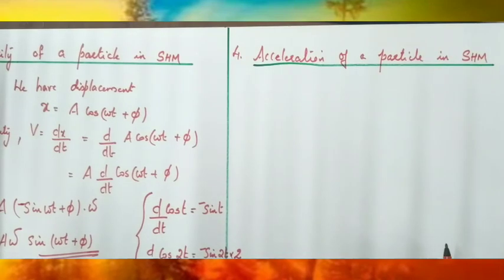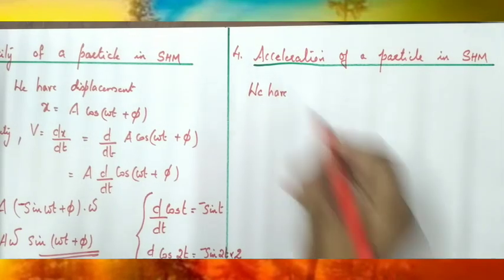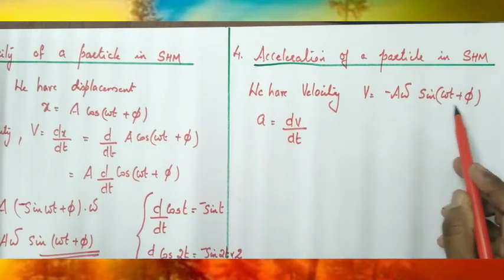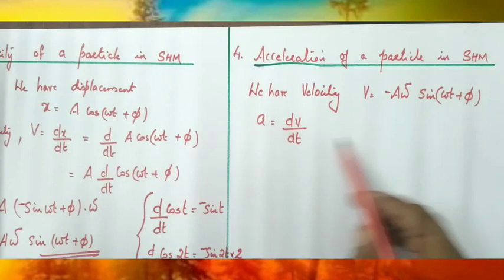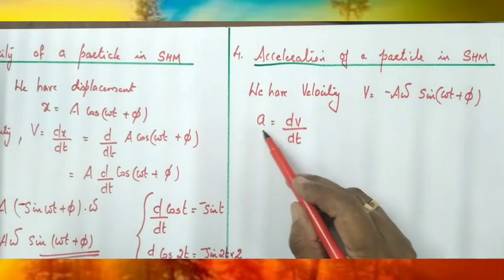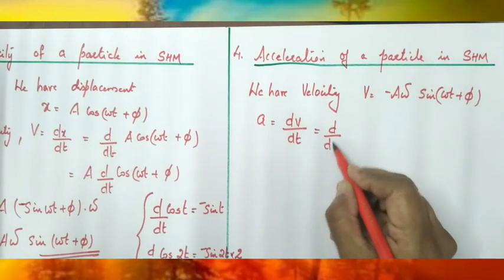Now next one, acceleration of a particle in simple harmonic motion. We have velocity v equals minus a omega sin omega t plus phi. That is the formula for velocity. Now acceleration is given by rate of change of velocity, that means a equal to dv by dt. We can substitute d by dt of velocity.